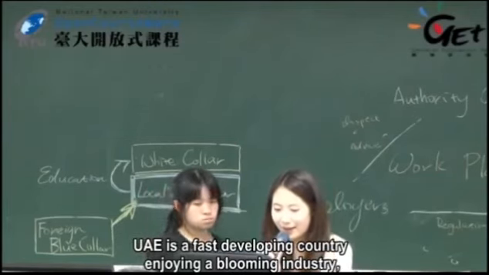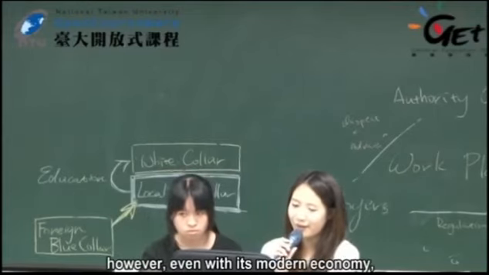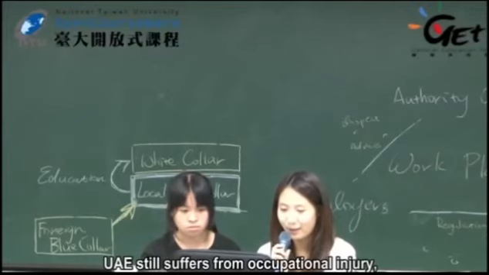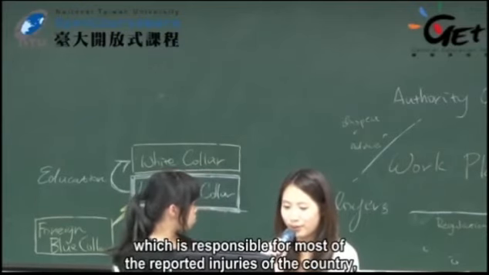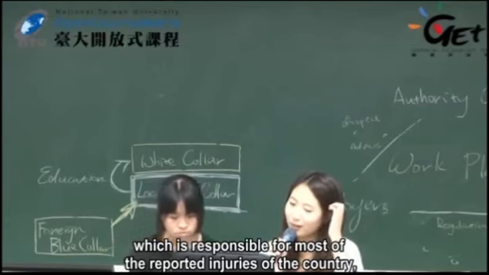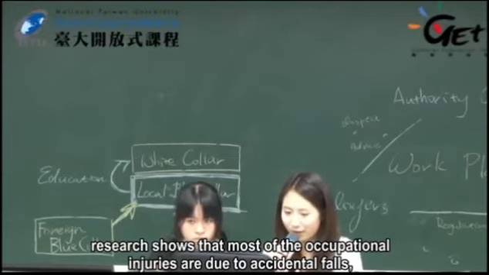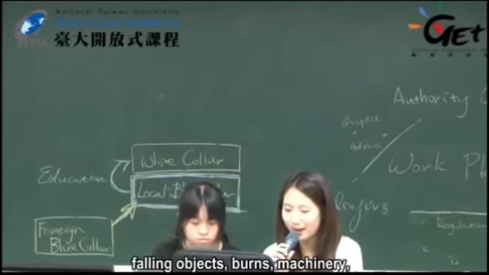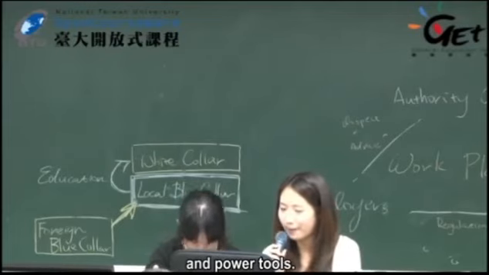The UAE is a fast developing country enjoying a booming construction industry. However, even with its modern economy, the UAE still suffers from occupational injury, which is responsible for most of the reported injuries in the country. Research shows that most of the occupational injuries are due to accidental falls, falling objects, cuts, and burns due to machinery and power tools.